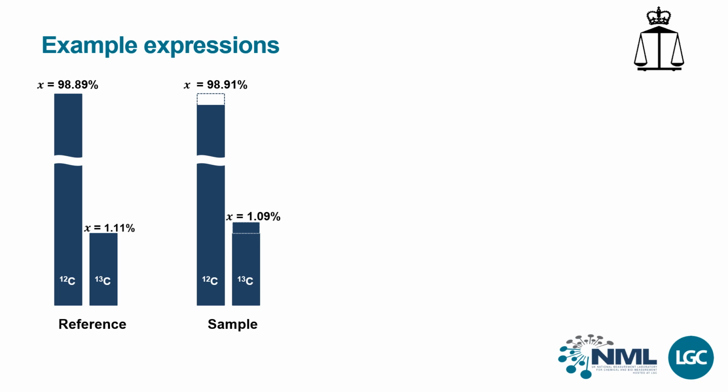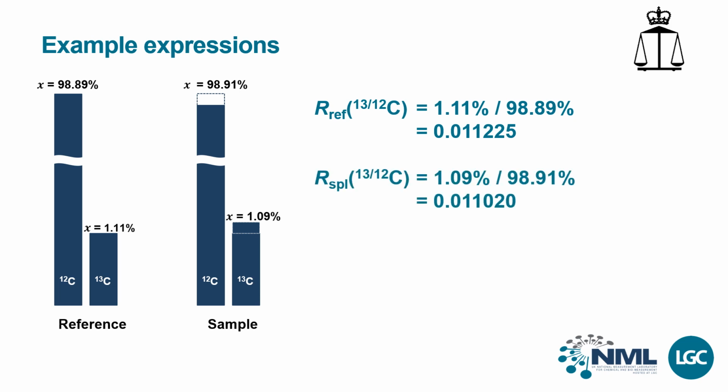here are the abundances of carbon-12 and carbon-13 in a sample and reference. From these abundances, we can calculate the ratio of carbon-13 to carbon-12 within the reference as shown. We can do the same for the sample, which has a slightly lower atom fraction of carbon-13 and hence a higher atom fraction of carbon-12 and a slightly smaller carbon isotope ratio.